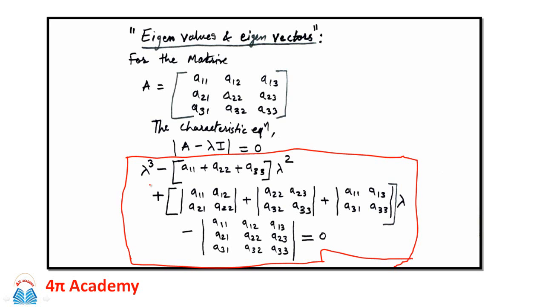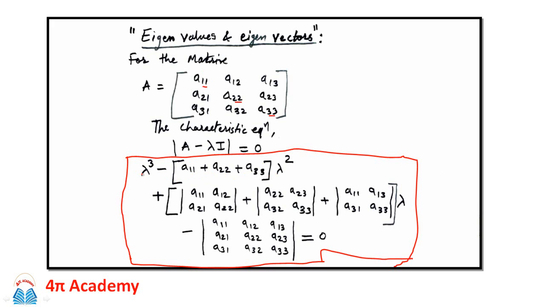The equation will always be of the form lambda cube minus (A11 plus A22 plus A33) times lambda square, where A11, A22 and A33 are the elements of the principal diagonal.